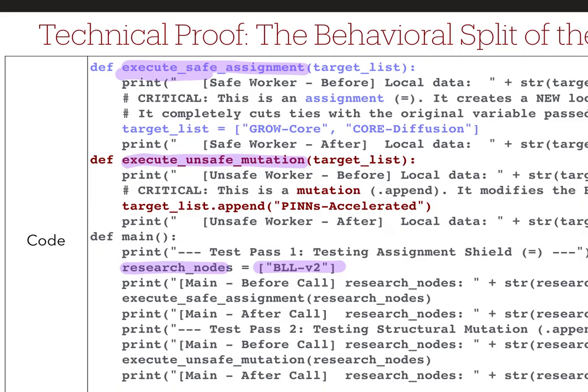Now I am calling the execute safe assignment function, which is here. When this function is called, the name of this mutable type variable is provided as an argument, as in the previous slide. Then the parameter target list is representing the same list.